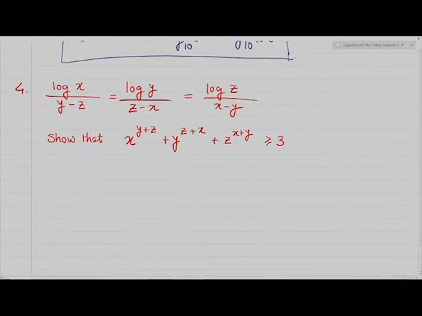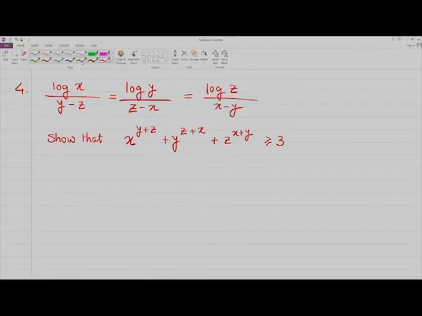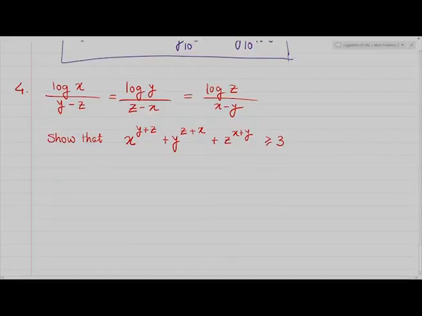If you look at this problem carefully, this is somewhat like a ratio and proportion problem. So I can simplify this in this way. I will rewrite this log, let us assume this is to the base a.